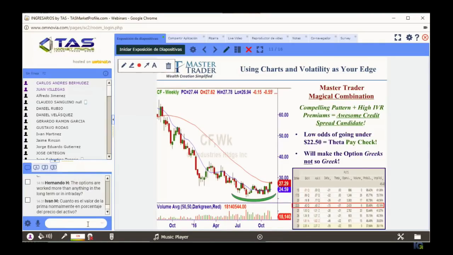But in this example, we are showing you, because of the beautiful bottoming pattern, the wide range bar breakout, and high volatility, that we decided to sell an out-of-the-money put.